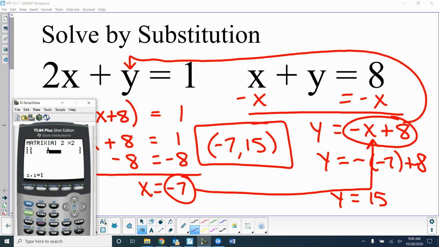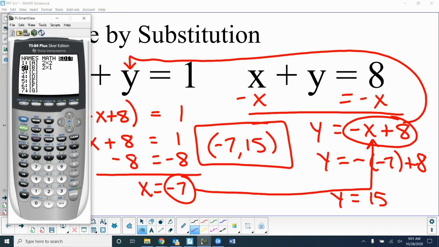Okay? Then I get out of there, go back in, and edit, go down to number 2, and hit enter. That's a 2 by 1, so I just hit enter twice, and then I put 1 as the top and 8 as the bottom. So I got that in, then I get out of there.